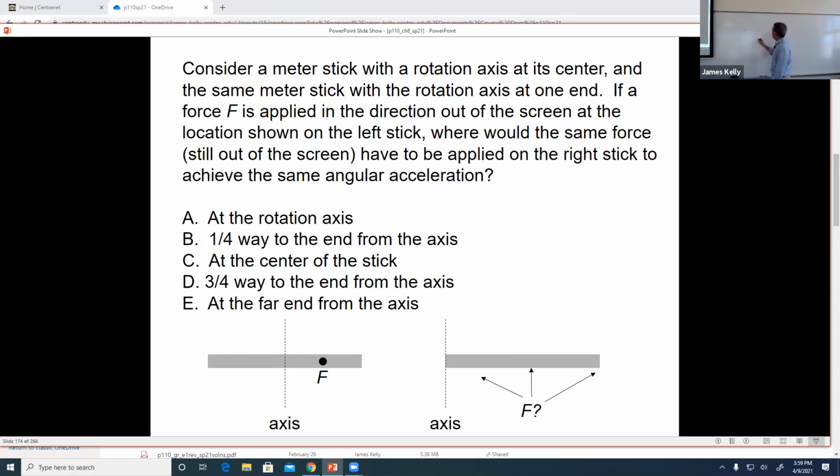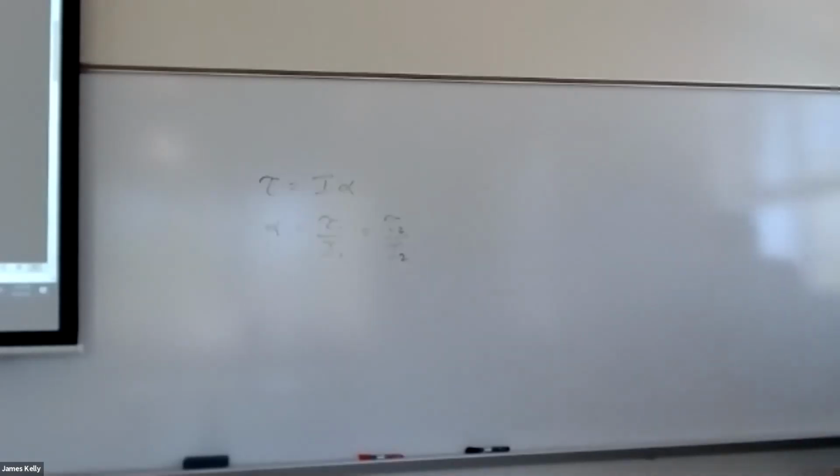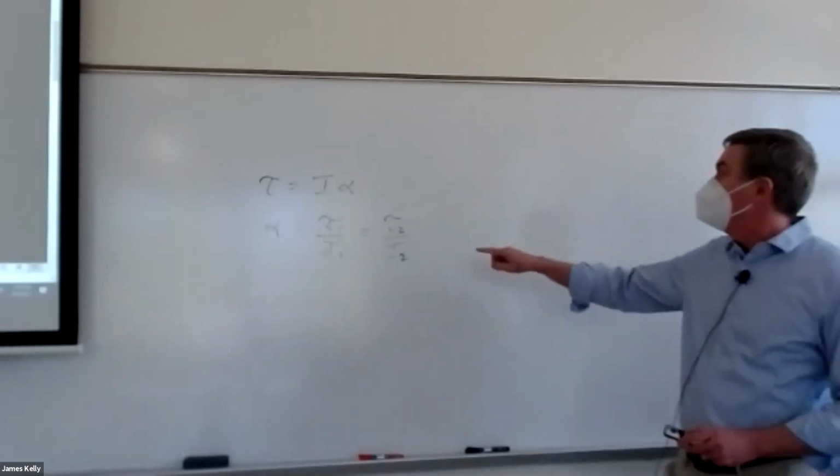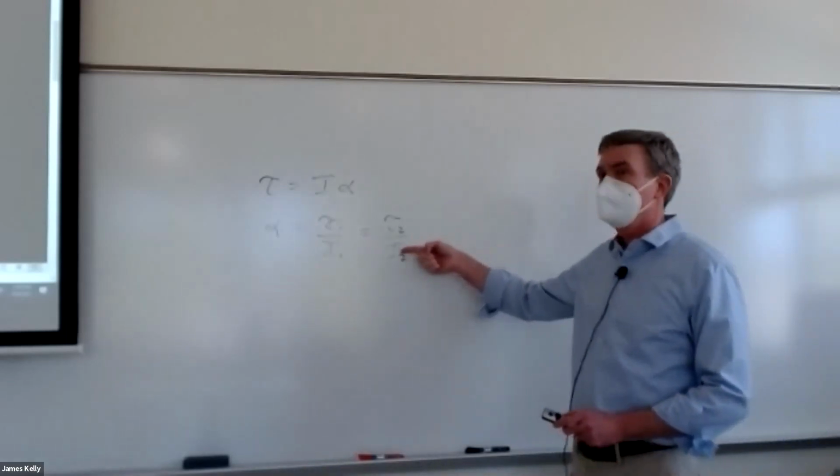Okay, so in the left case, we'll call that 1. It should be the same as when I take the ratio of these in the second: torque 1 over I 1 equals torque 2 over I 2. And the moment of inertia as we go to the right case is 4 times as big.